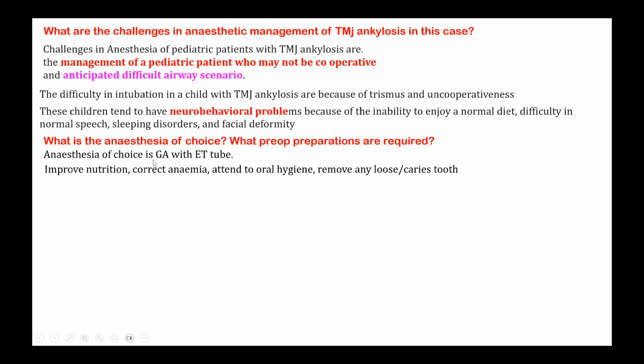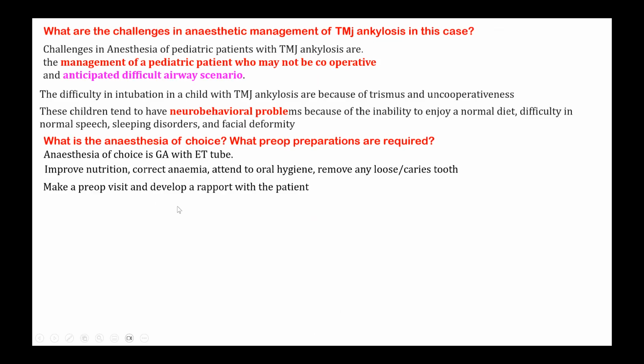Anesthesia of choice is GA with ET tube, either by the normal nasal route or by tracheostomy. Before that, if the patient has not been able to eat properly, you must assess the nutrition and improve it. Correct anemia if present, and prepare the oral cavity by asking them to gargle with antiseptic so that oral hygiene will improve. Remove any loose or carious tooth, and then make a pre-op visit.